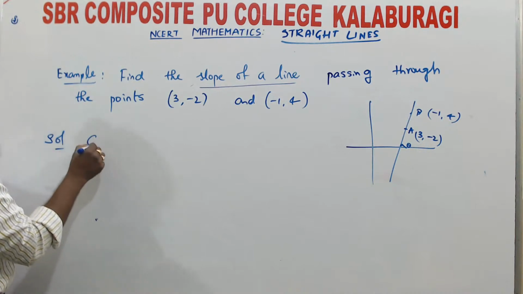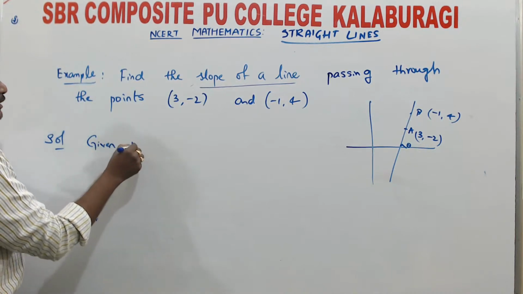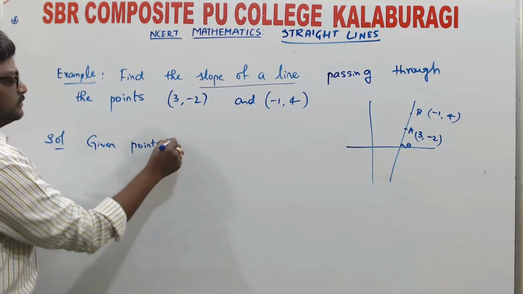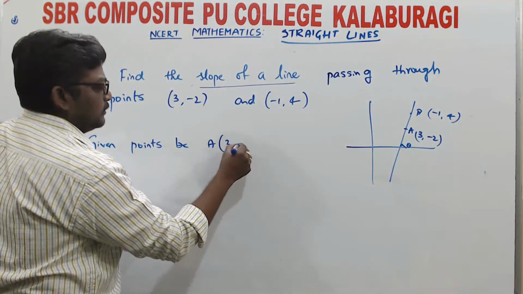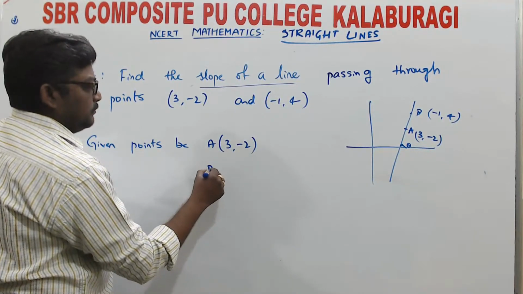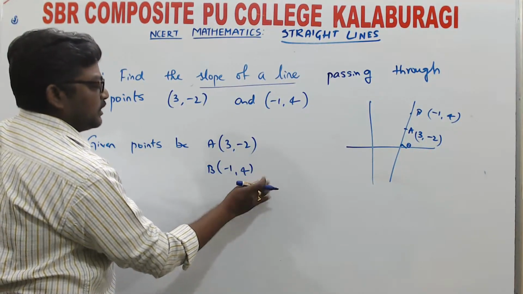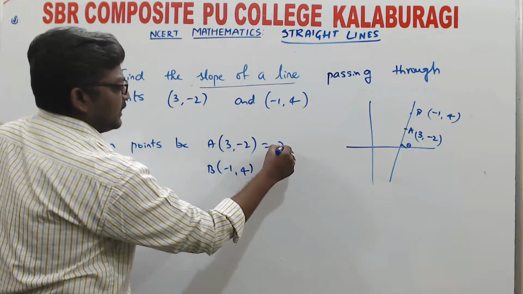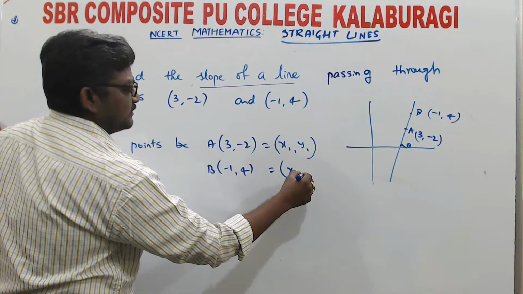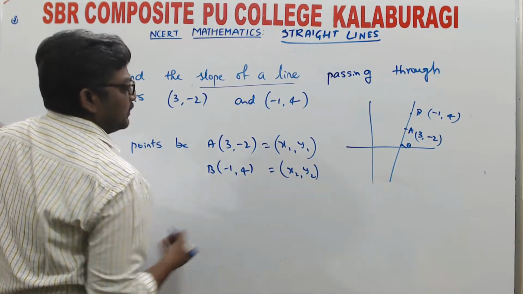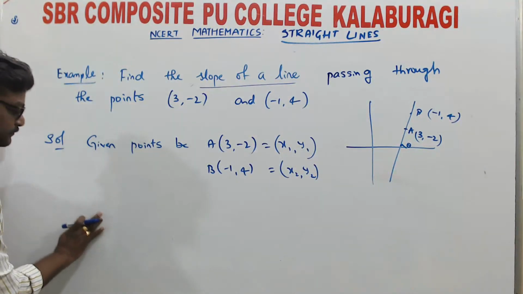Solution. Given points A (3, -2), B (-1, 4). We take A as x1, y1 and B as x2, y2.